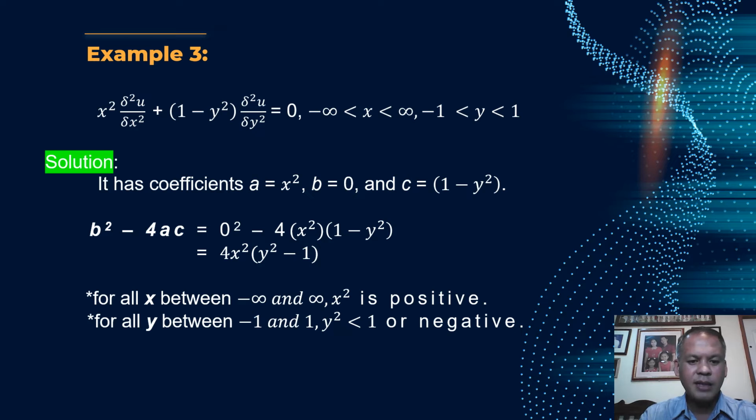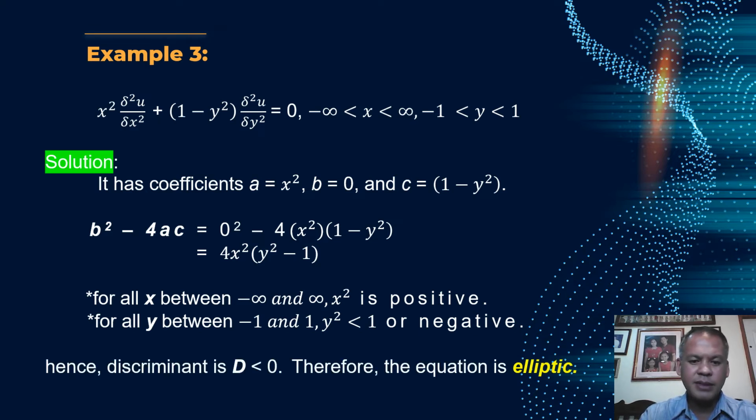Now notice that for all x between negative infinity and positive infinity, 4x squared will be positive. And for all y between negative 1 and positive 1, y squared will be less than 1, so y squared minus 1 is negative. Hence, the discriminant is less than 0. So therefore, the equation is elliptic.